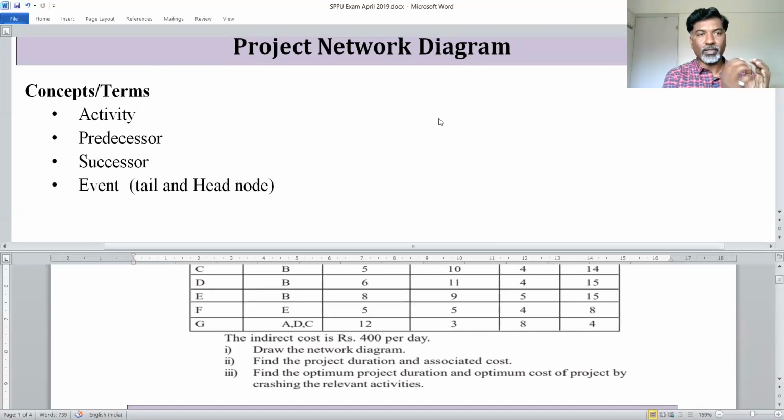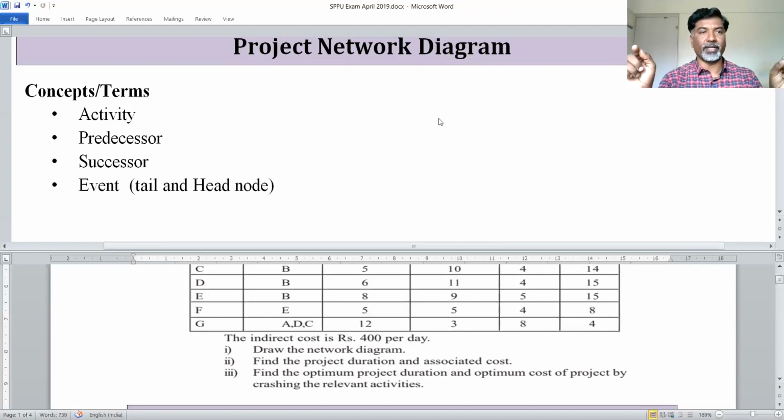When an activity starts and when an activity finishes, the finishing is called an event. That event is particularly completed. For the network diagram, there are two events, the tail event and the head event, or you can say tail node and head node.